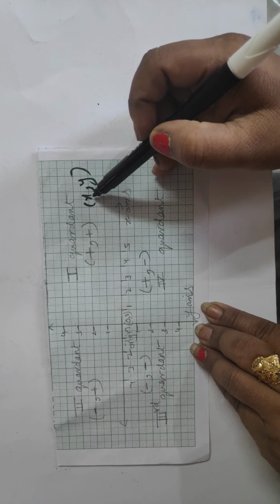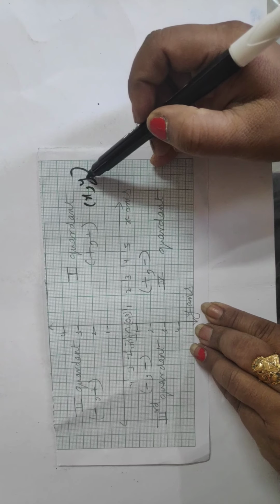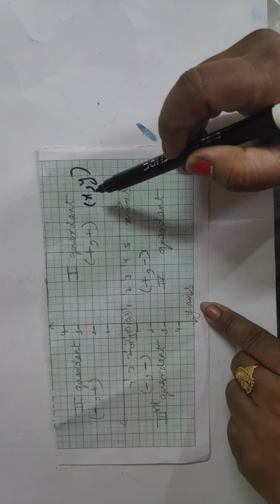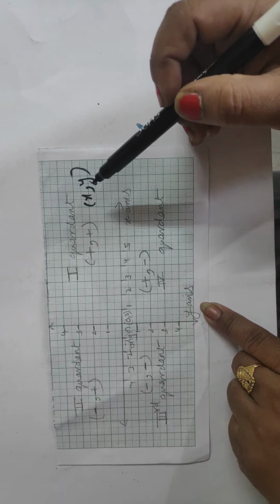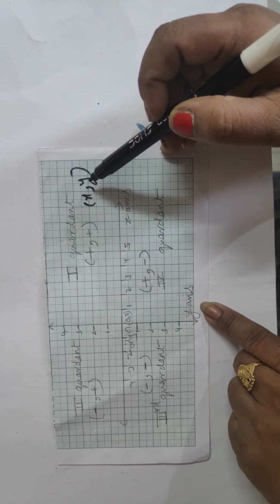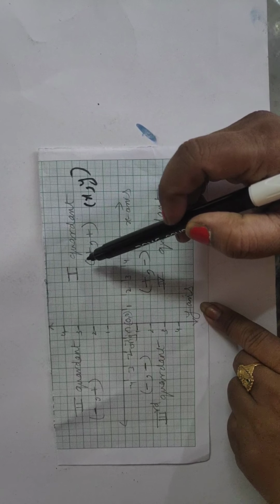The x is always called abscissa, and the y is always called ordinate. We always write abscissa first and then ordinate. So this is the very first quadrant.